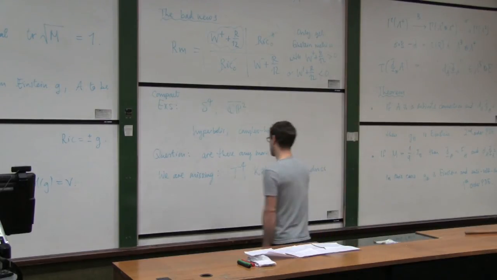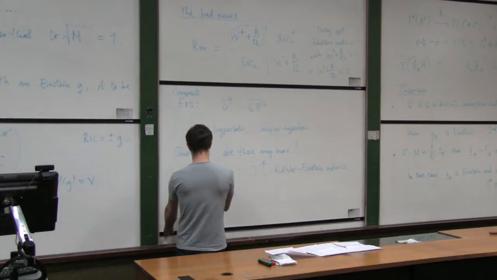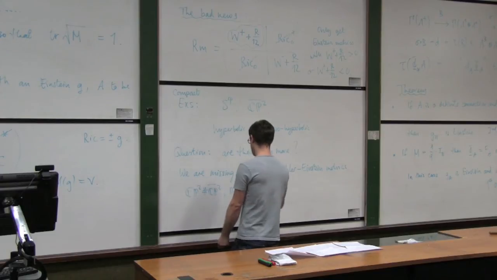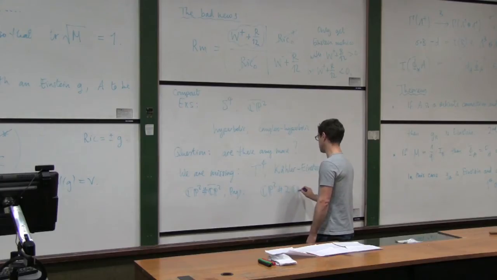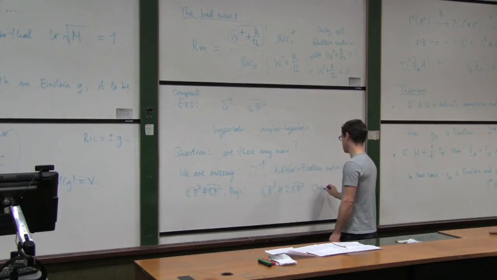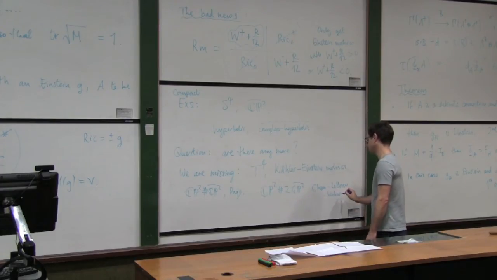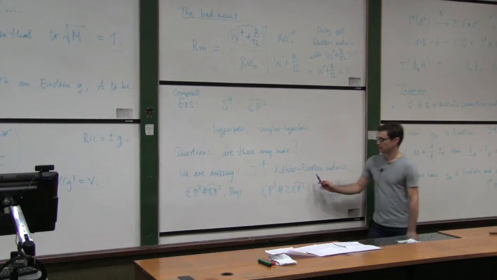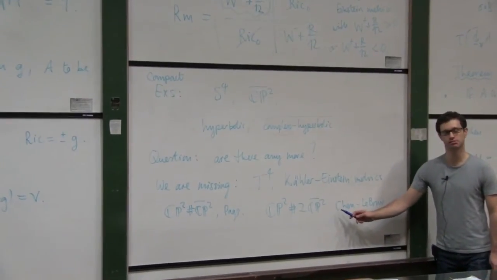And what else are we missing? Let me write down other Einstein metrics. Well, there's a special metric on CP2 connect sum CP2 bar called the Page metric, and there's a special Einstein metric on CP2 connect sum two copies of CP2 bar called the Chen-LeBrun-Weber metric. Page found this metric in the 70s. Chen, LeBrun, and Weber found their metric on the double blow-up of CP2 in about 2008.